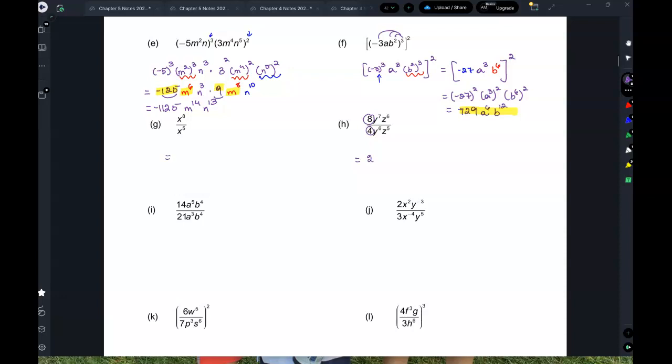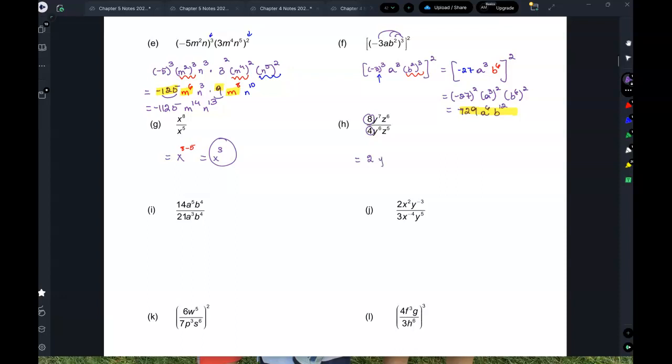729. Okay, let's go to G first. So we're dividing these. It means we have to subtract the exponents. So it's going to be x to the power of 8 minus 5, x cubed. And of course, you don't have to write this step with the red. You could just go straight to the final answer. Here, I have 8 over 4. That gives me a 2.